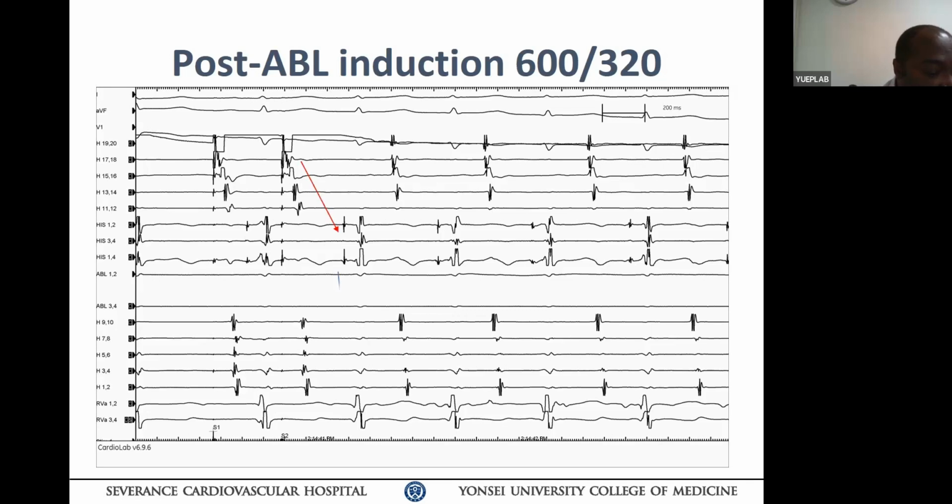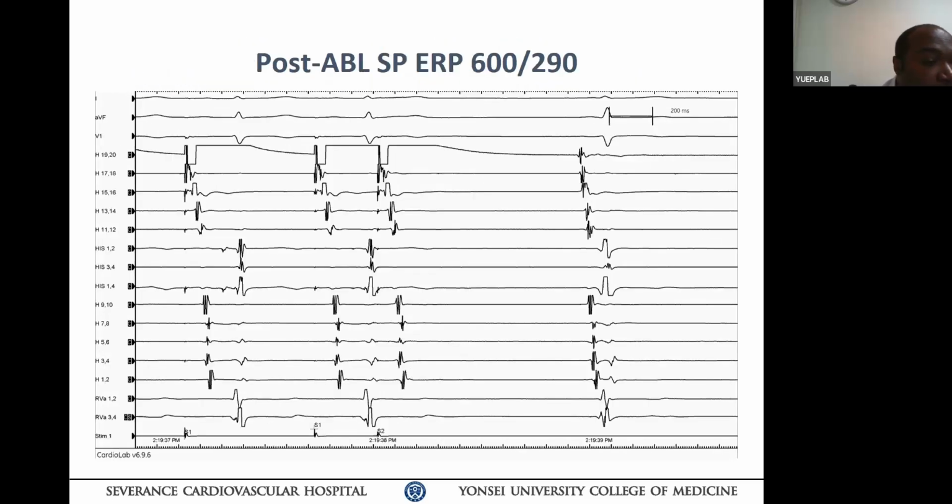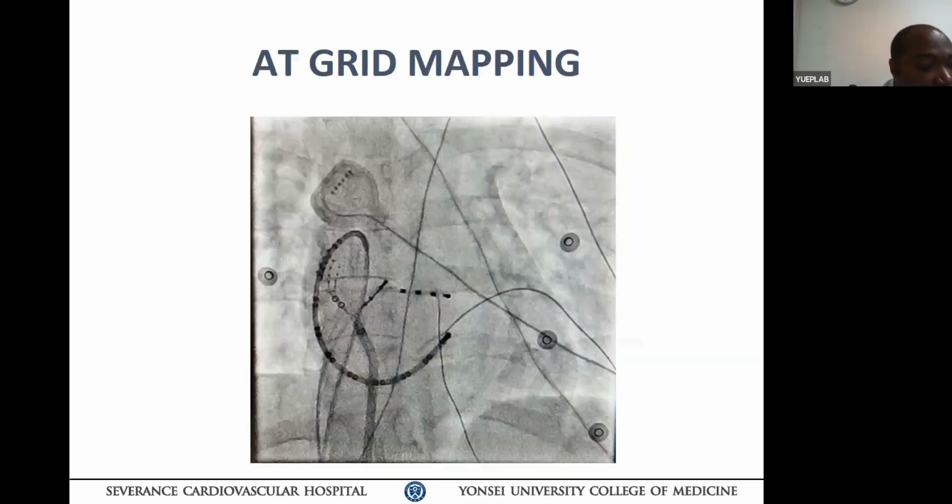So that's the A matching to the H and then H to V, and then we see the long VA relationship and the second tachycardia pattern of atrial activation. And we measured the intervals here. The AH was narrower than previously. And after termination, we had the ERP. And then it was induced again, same pattern as tachycardia 2.